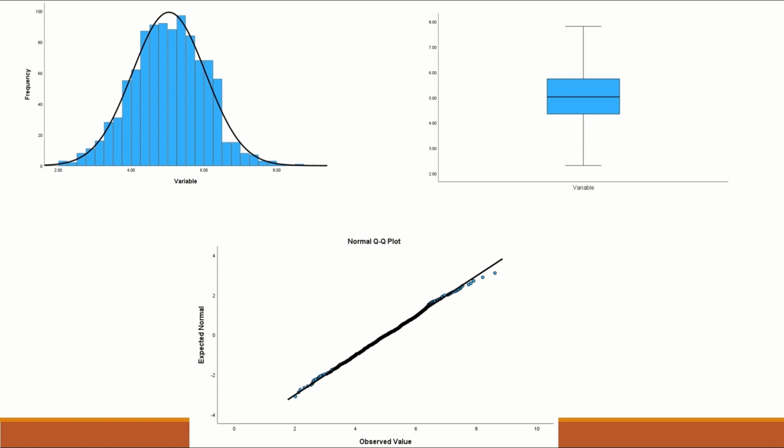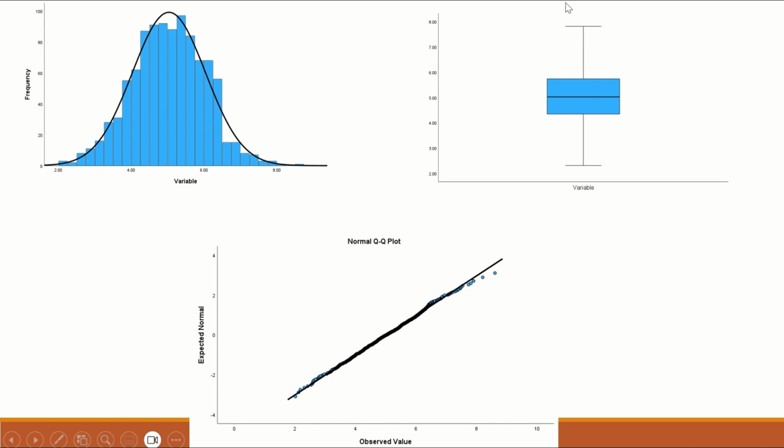These are the visual presentations for checking the normality of the data: histogram, box plot, and QQ plot. For a histogram, the graph has to be normally distributed with a bell-shaped curve.